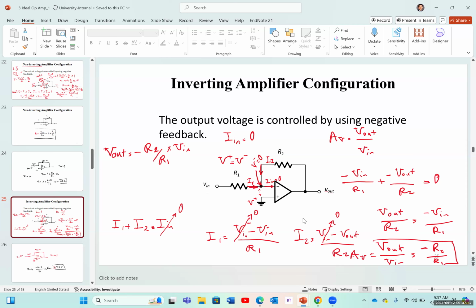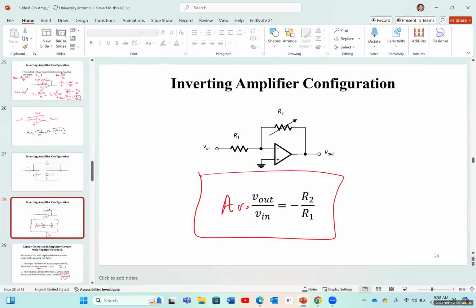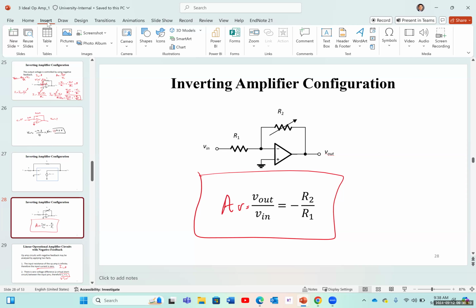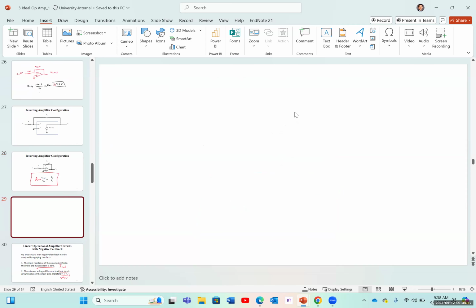V out over V in would be negative R2 over R1. Let's solve a couple of problems on inverting and non-inverting amplifiers first. Then we will go to different types of amplifiers.